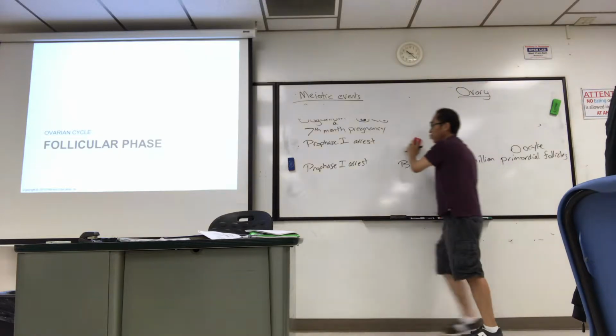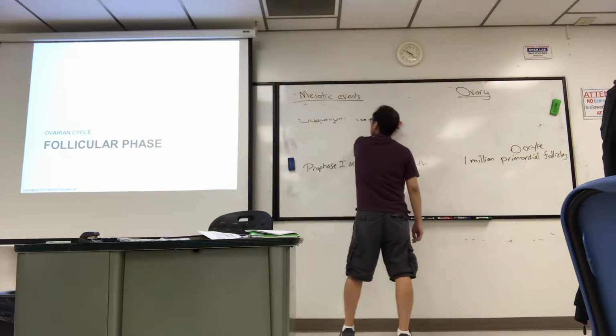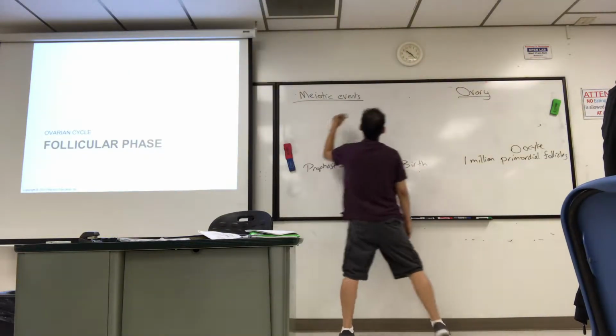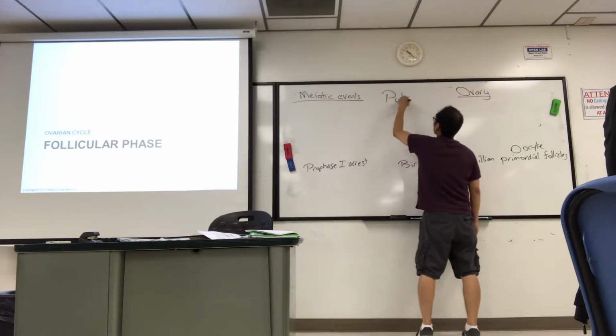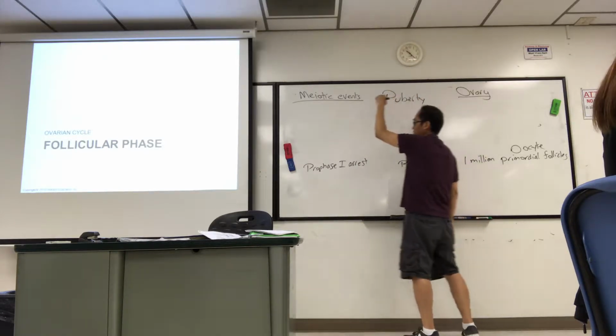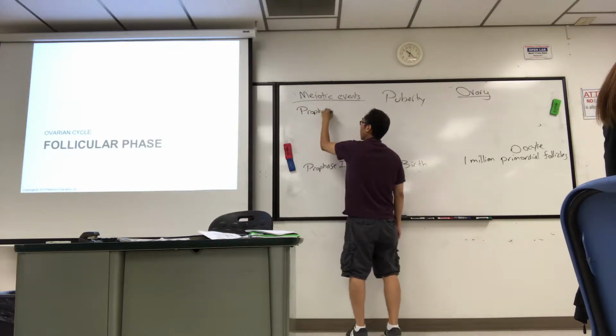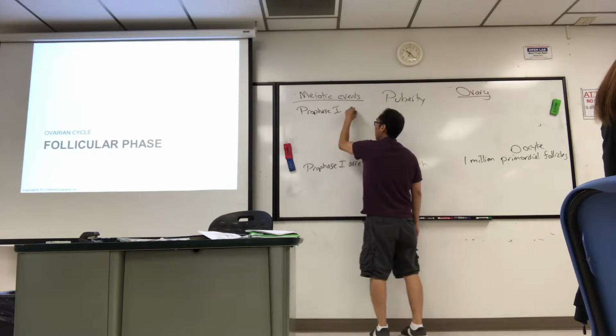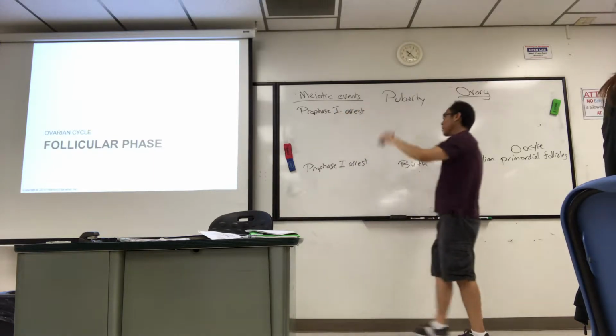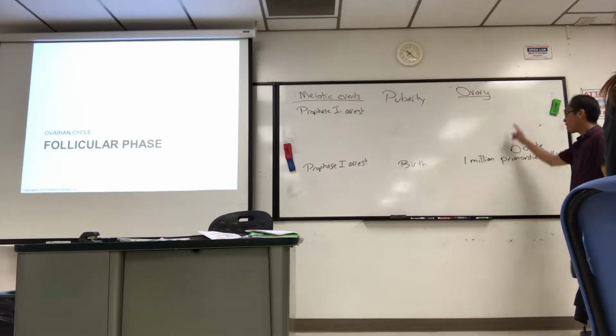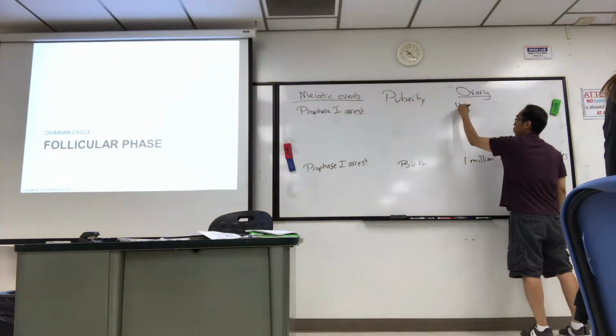So let's get from birth to puberty, about 12.5 years. You're still in prophase 1 arrest, and maybe you're down to, like I said, 400,000 primordial follicles.